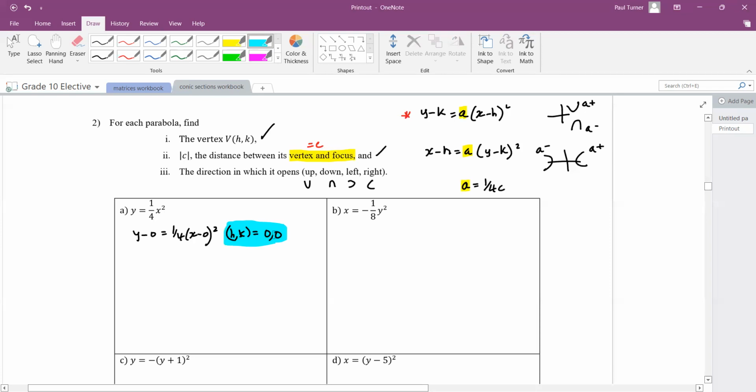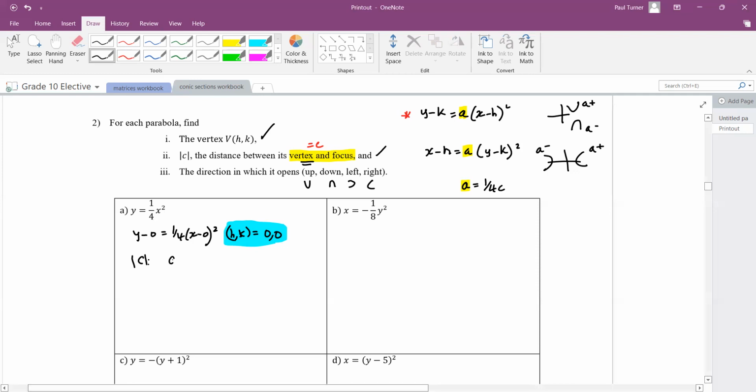And now we want c, and c will be calculated as follows. The absolute value of c, because we actually want a distance, so we want the absolute value of c. So if c turns out to be negative, we just take the absolute value of that.